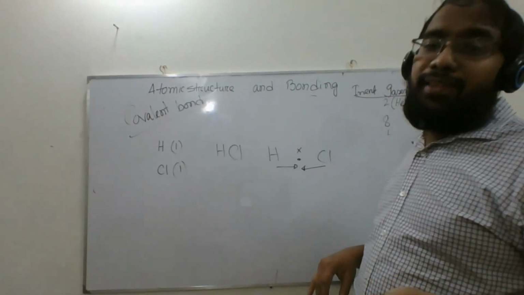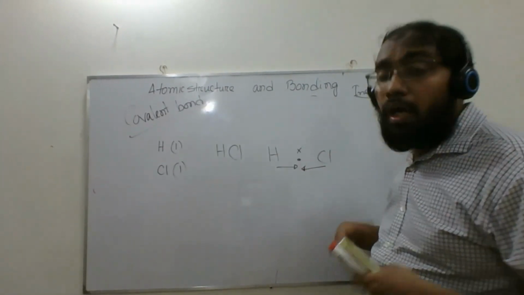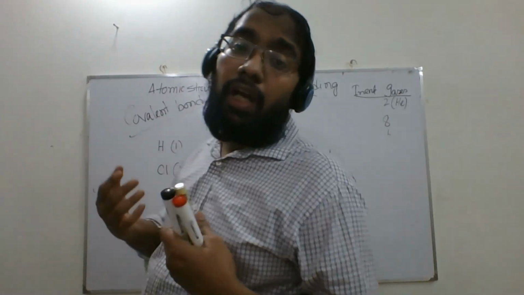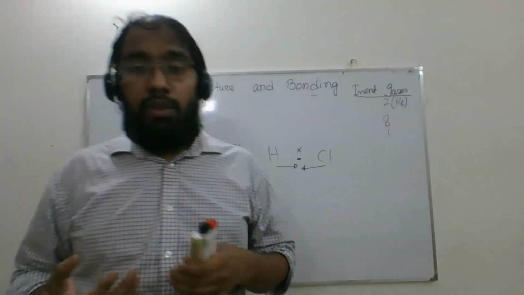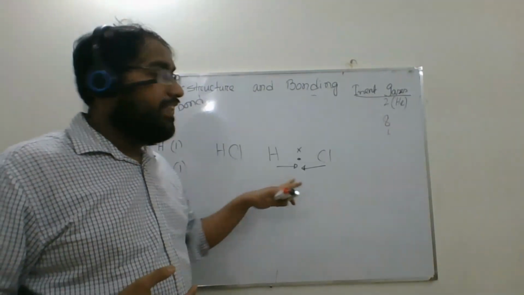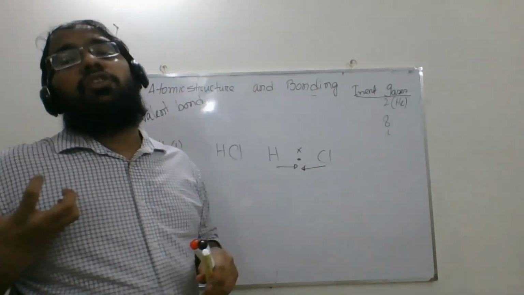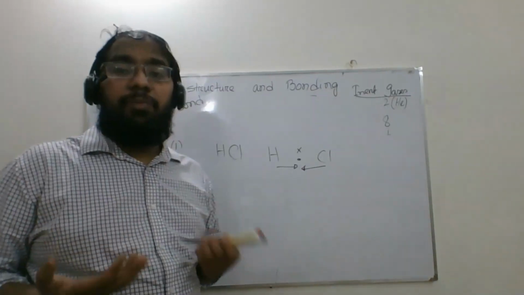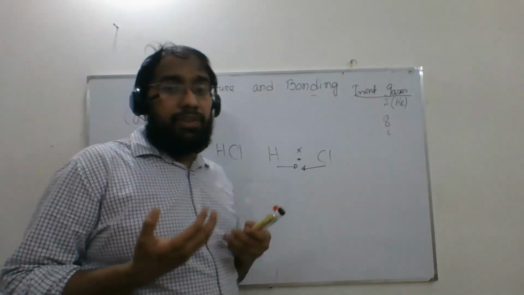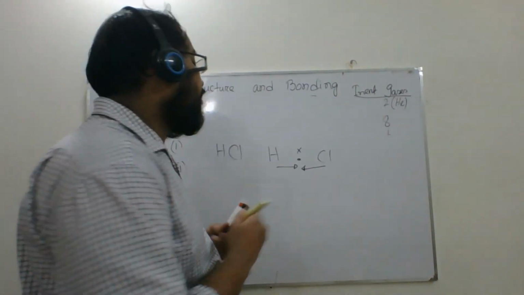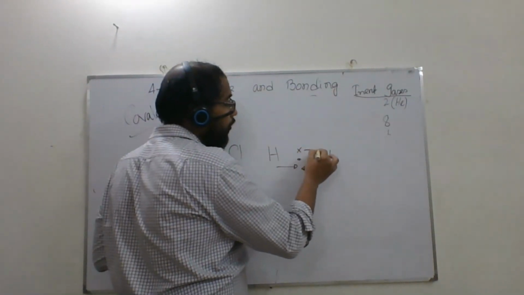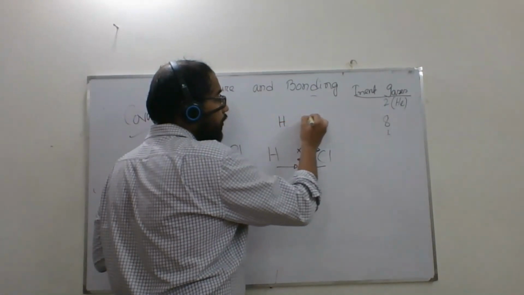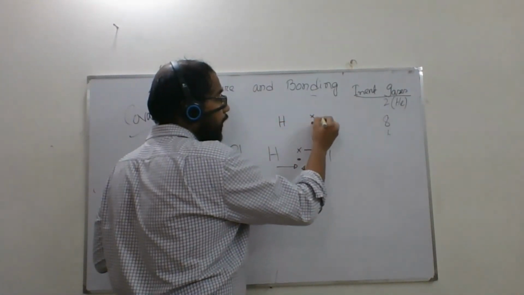But the problem is that if they have very high fascination towards electrons, then they basically pull the electron towards themselves, which we call electronegativity. If the electronegativity is higher, then this element always pulls the electron towards itself, and basically the result becomes like that.